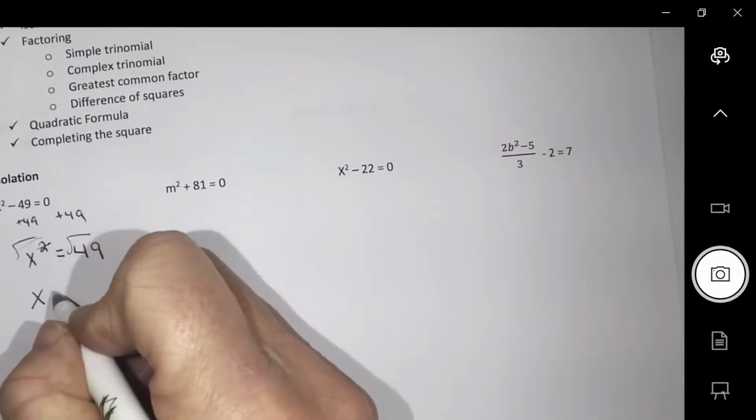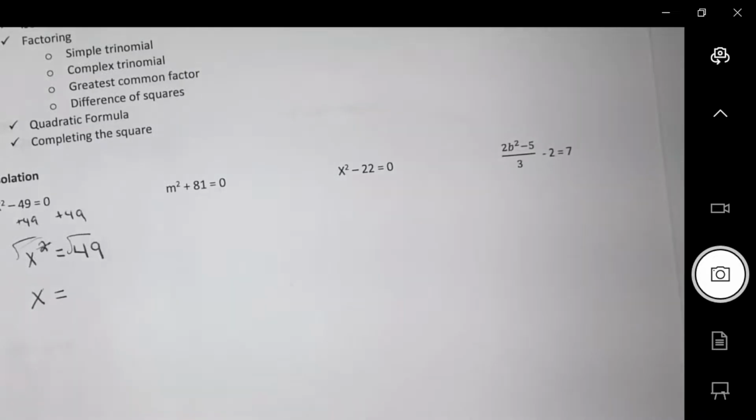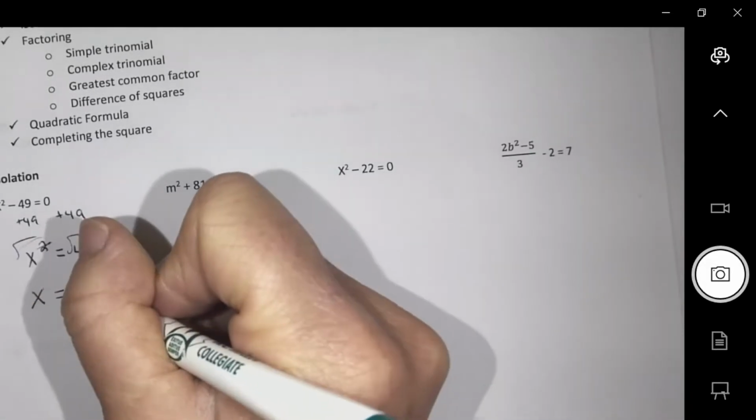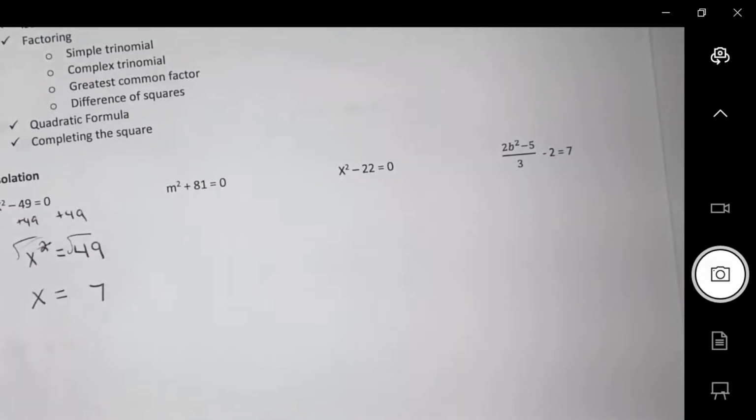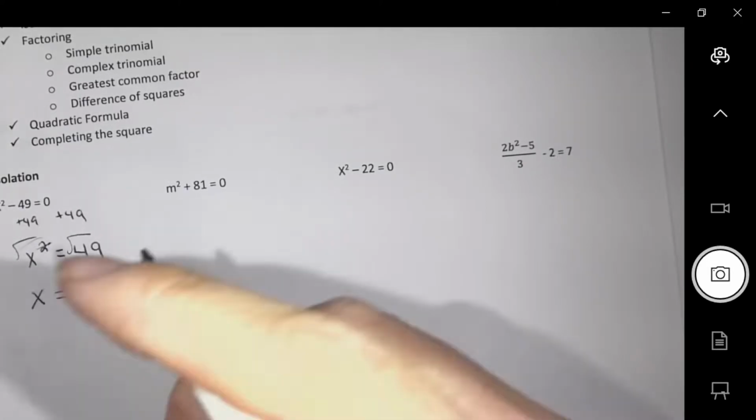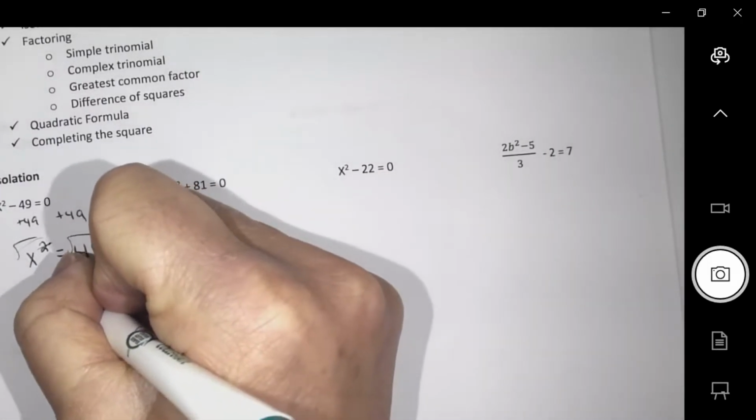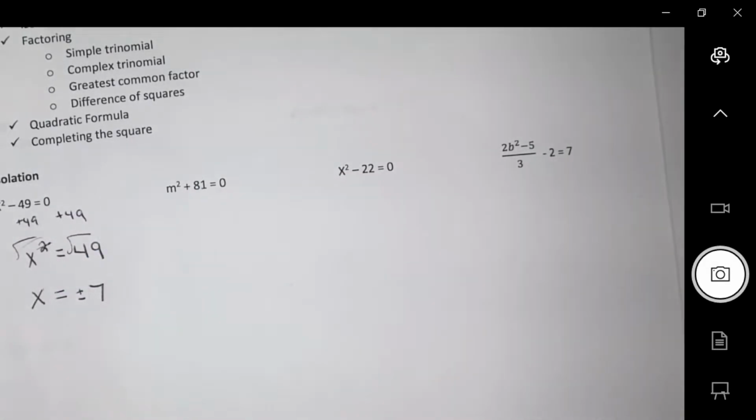Okay, the answer is not 7. You get half of a point. That's half of a point of an answer. I'm missing something. Does anybody know what? Yeah, positive or negative 7. So you have to write either. Yeah, there's two answers. Always?